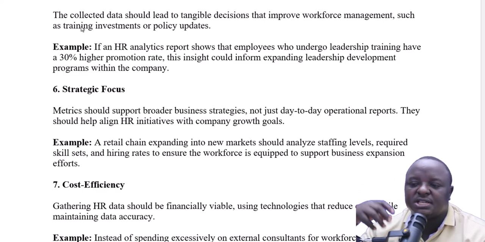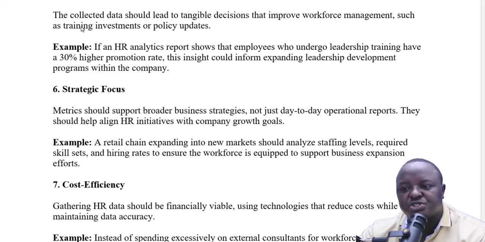They are metrics that can trigger actions to be taken. For example, if an HR analytics report shows that employees who undergo leadership training have a 30% higher promotion rate, this insight could inform expanding leadership development programs within the company so that they are able to create more opportunities.